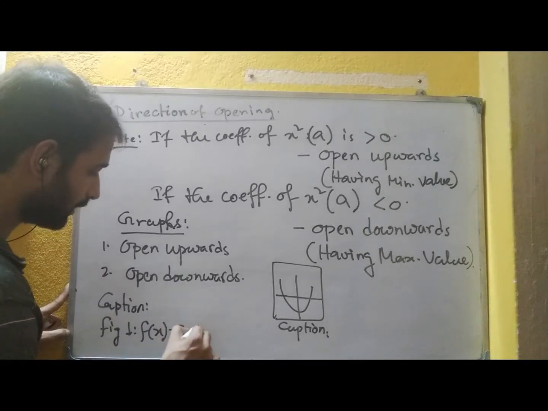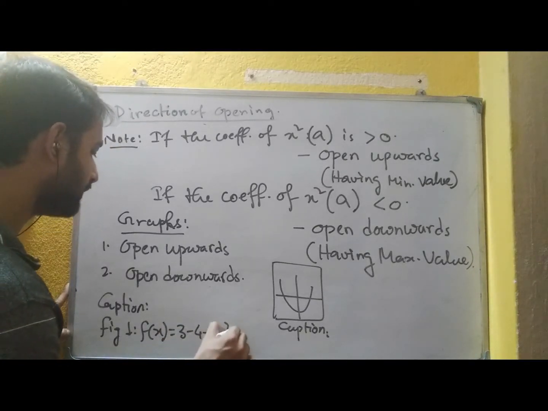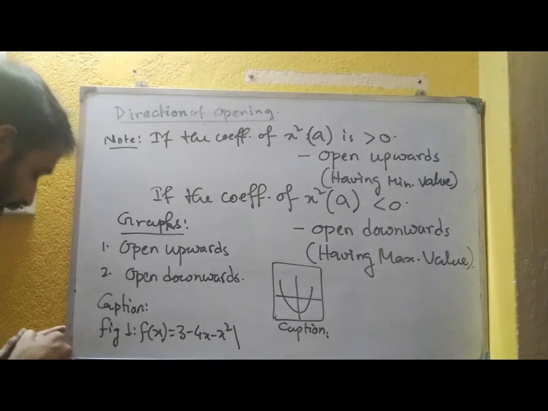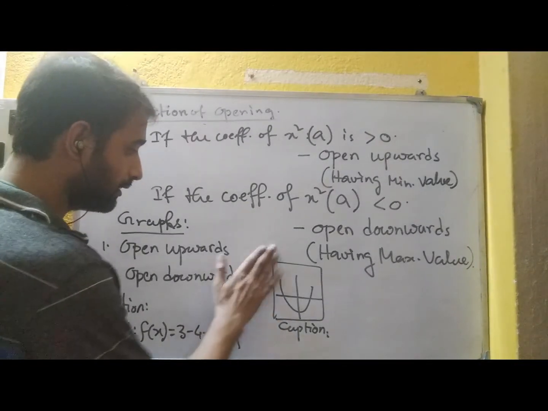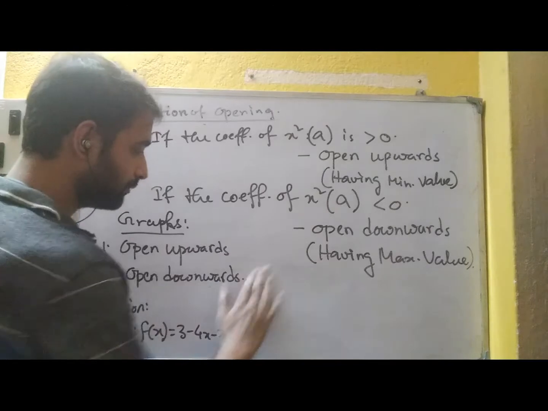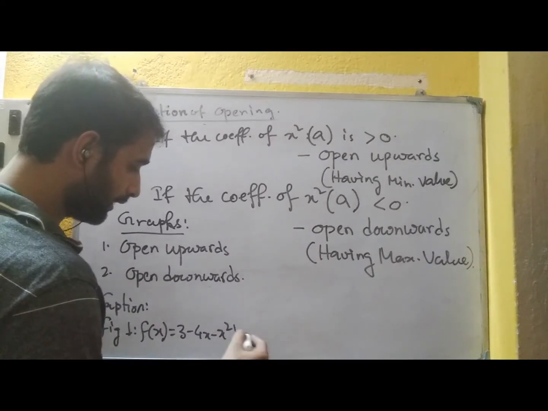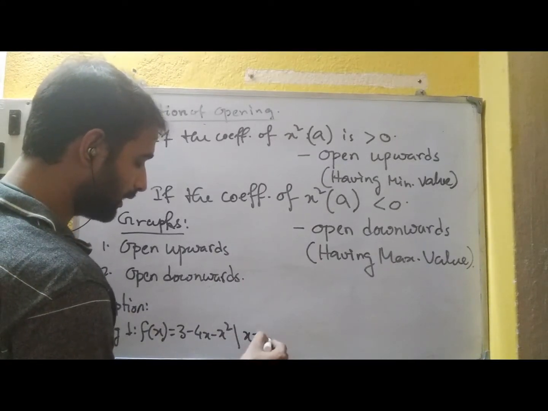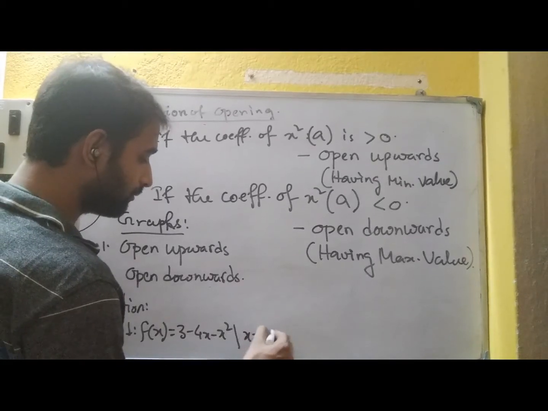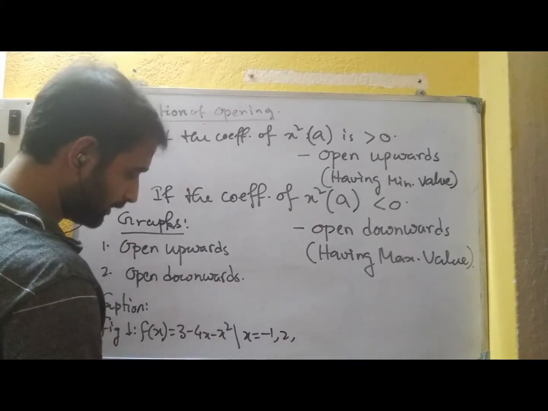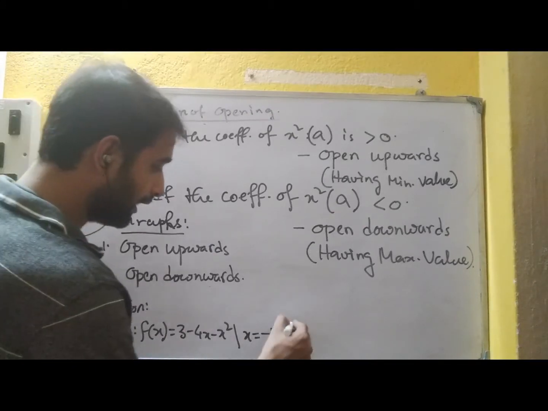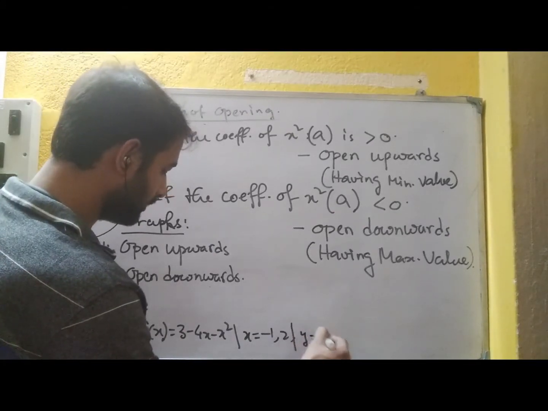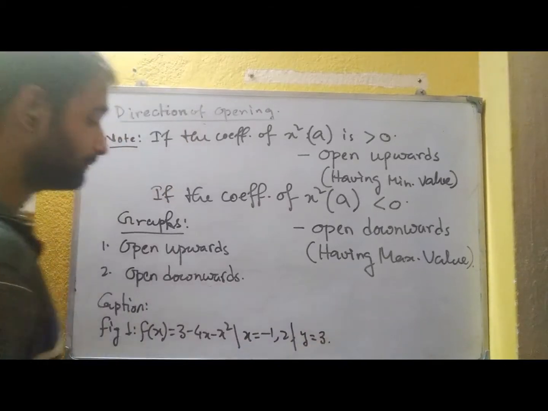We will write it like this, say 3 minus 4x minus x square. Now after that, if you are showing the intercepts, you will write the intercepts here. Suppose the x-intercepts, alpha and beta, are minus 1 and 2 in some case. Whatever the intercepts are, you will write them here, and then the y-intercept, which here is 3.